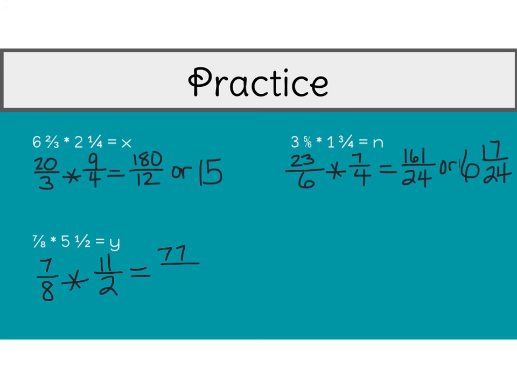And 8 times 2 is 16. And I'm going to convert that to a mixed number. So there are 4 16s in 77. So my whole number is going to be 4. I have 13 left over. My fraction part will be 13/16. So my final answer for that will be 4 13/16.